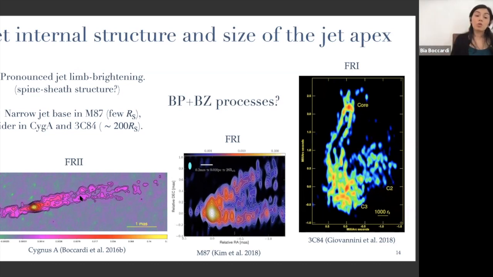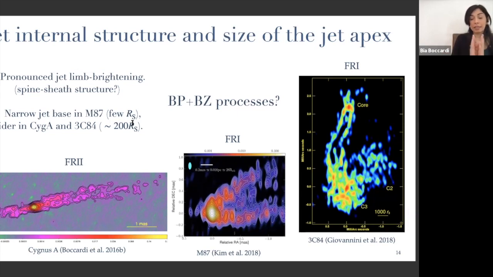These observations were also able to resolve the base of the jet, so that we could really measure how wide the apex of the jet is. And interestingly, in M87, observations tell us that the jet base is really narrow.